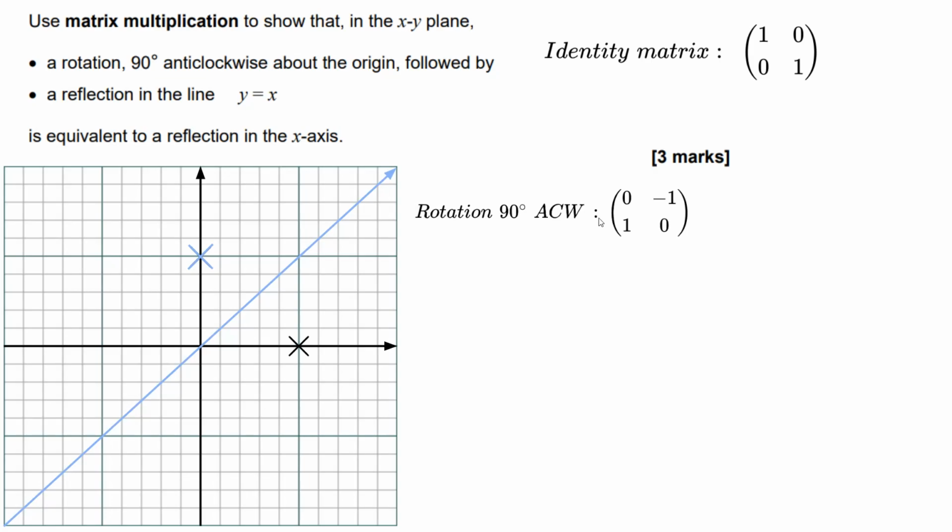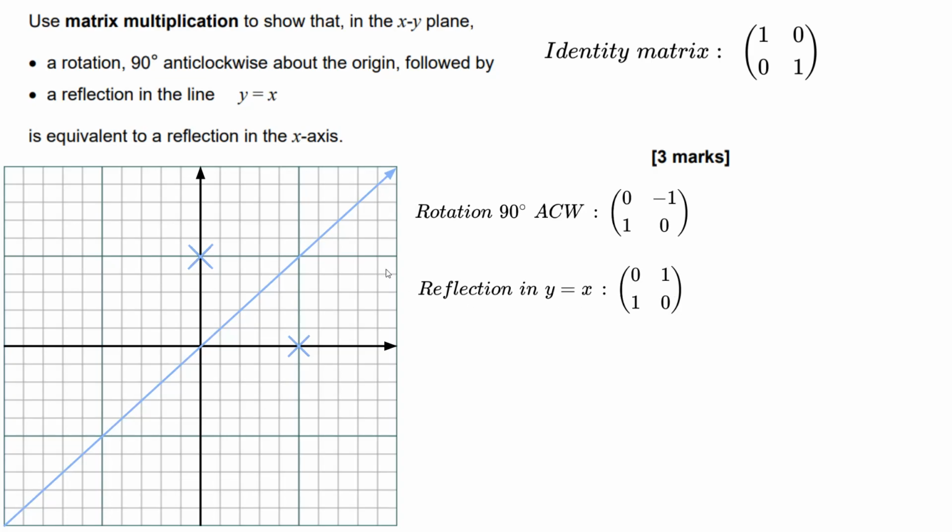So remember, the first column is going to be 0, 1, so it's going to be 0 up here, and then a 1 down here. And now this point below it has gone from 0, 1 to 1, 0, here.